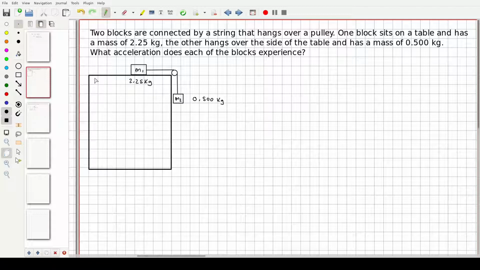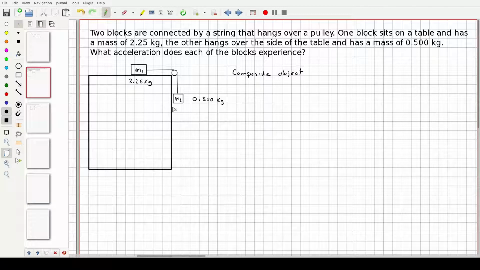But what I'd like to point out here is the following. The blocks are connected. This system right here is an example of something called a composite object. So this one object, two masses connected by a string, is made up of other things: two masses and a string.